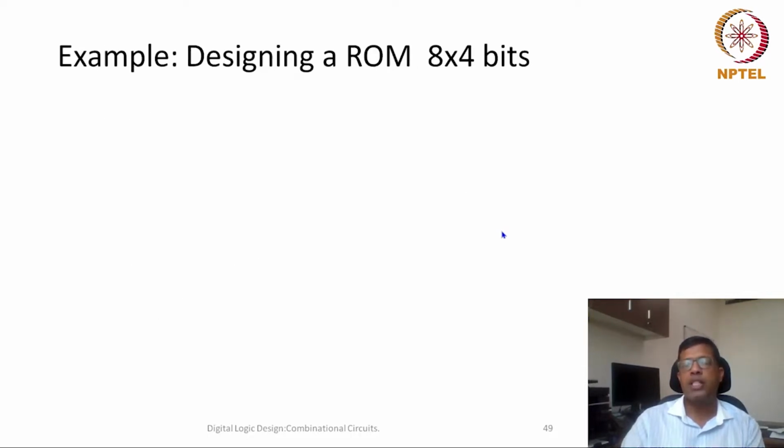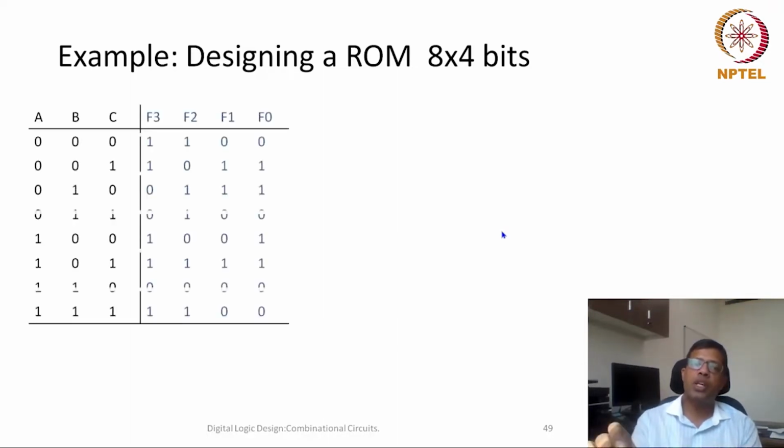Now let's say I want to design something like an 8 into 4 bit memory. So the total number of locations are 8, and on each location 4 bits are stored. Now such a memory can be represented using a sort of a truth table. And yes, while putting this truth table, actually this part which is written in black is redundant, not required.